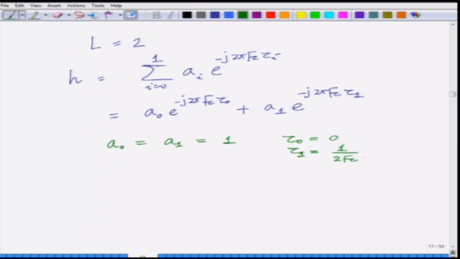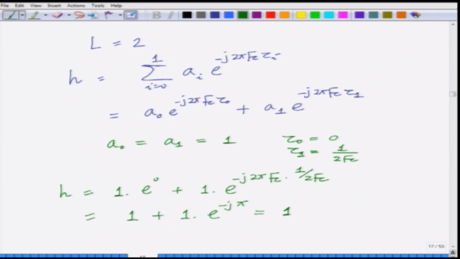In this scenario, h equals A naught, that is 1, times e to the power of minus j 2 pi f c tau naught, that is e to the power of 0, plus A 1, which is 1, times e to the power of minus j 2 pi f c tau 1, where tau 1 is 1 over 2 f c. This is 1 times e to the power of 0, which is 1, plus 1 times e to the power of minus j pi, which is minus 1. So, this is 1 plus minus 1, which is equal to 0.